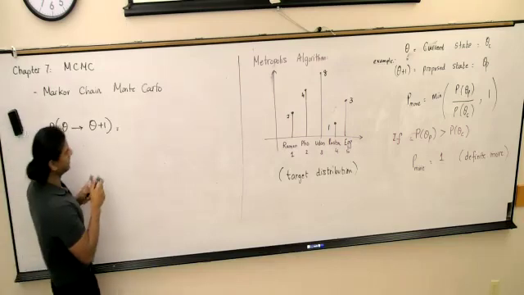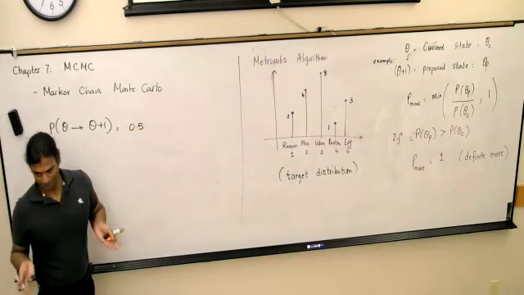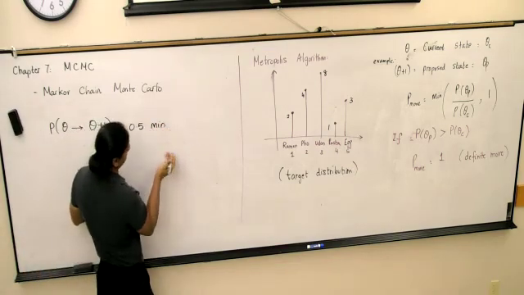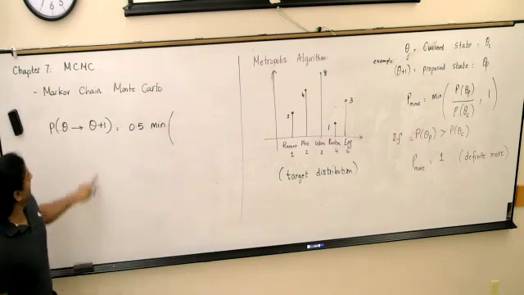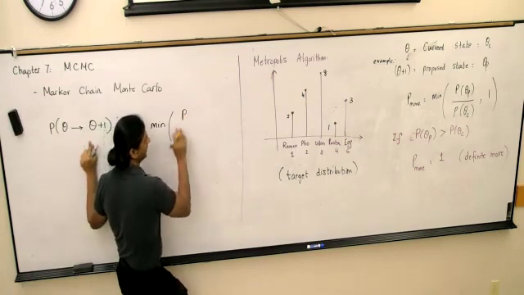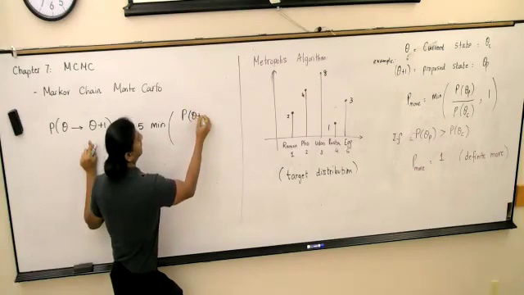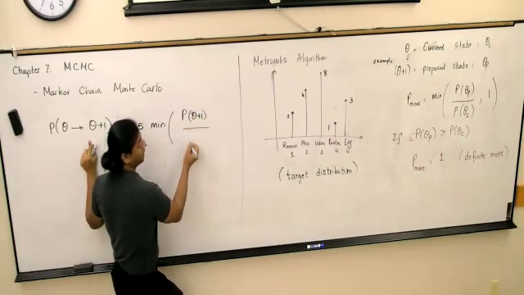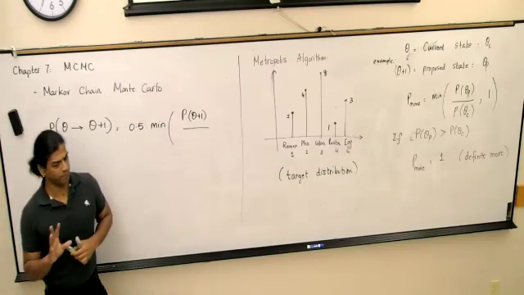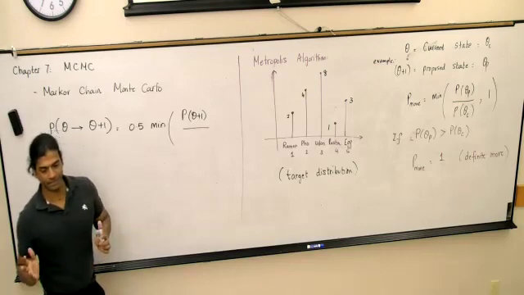So it'll be 0.5 multiplied by the move probability that you have. That move probability in this case would be the minimum of, this is not a probability, this is actually some value. Once again, this goes back to the proportionality in posterior distributions. We don't care if it happens to be a proper probability density function or not.